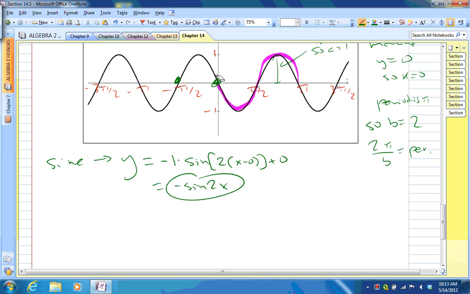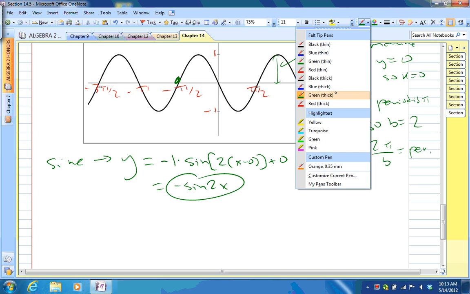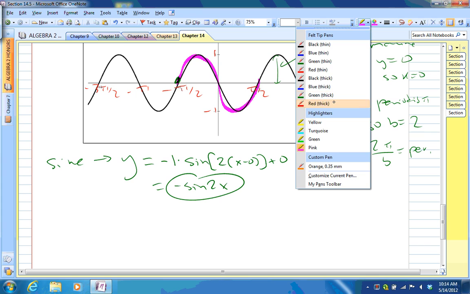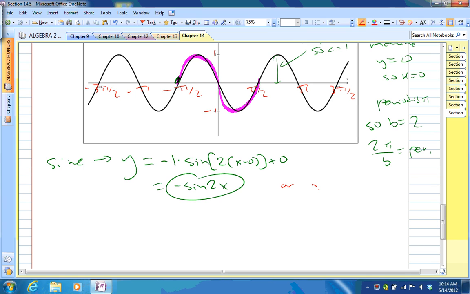If I start right there instead, and do this, then I could have said y equals 1 times sine 2x, now minus negative pi over 2, plus 0.